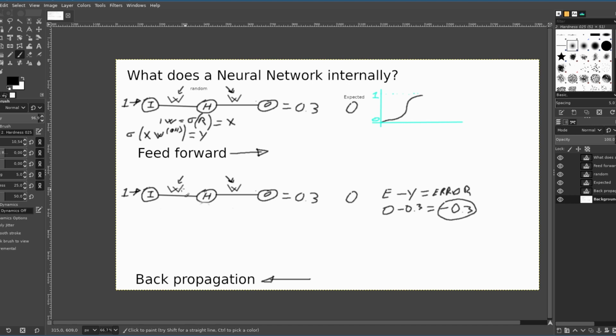This means that the next iteration, instead of obtaining something like 0.3, I will obtain something like 0.2, that is more near to 0.